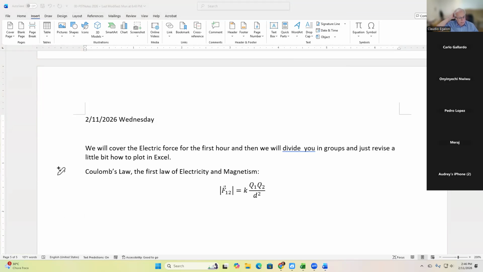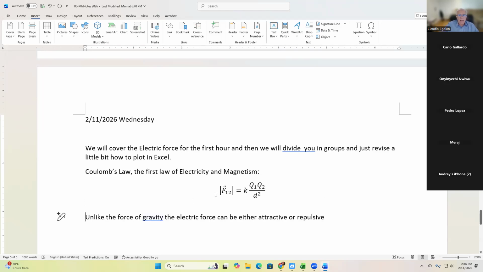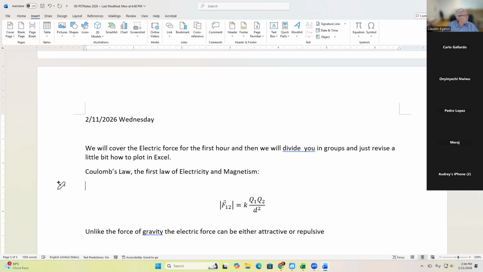The force can be either attractive or repulsive. The electric force, unlike the force of gravity, can be either attractive or repulsive. Just compare that equation with the equation for universal gravitation.